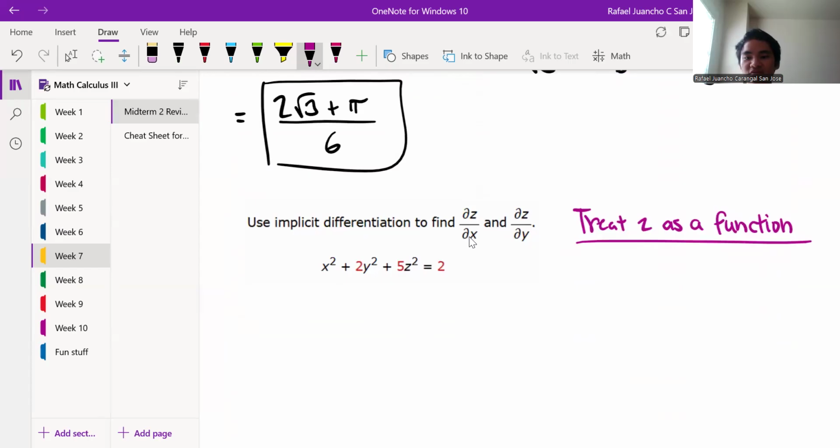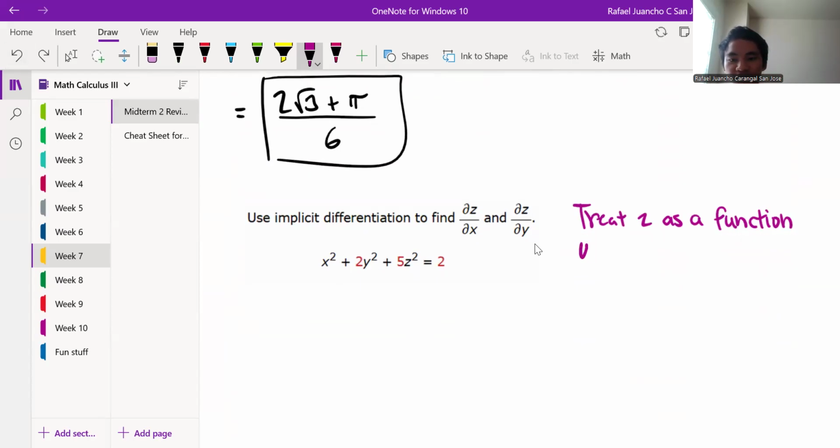We treat z as a function of x when differentiating with respect to x, and of y when differentiating with respect to y. So here we treat z as a function, with respect to variable x or y. As simple as that.